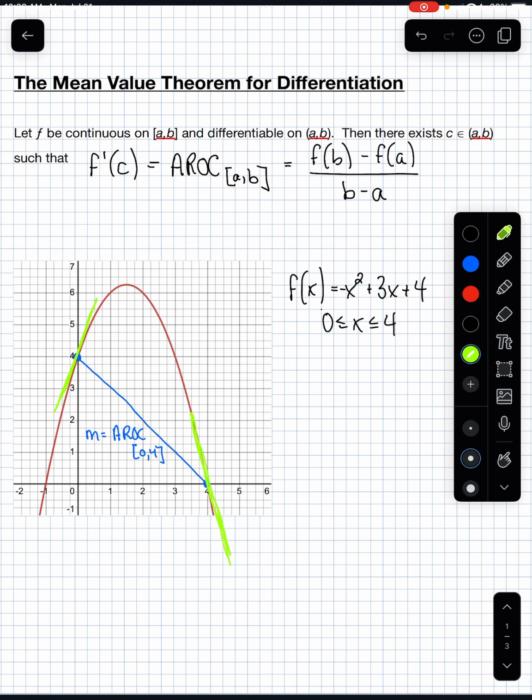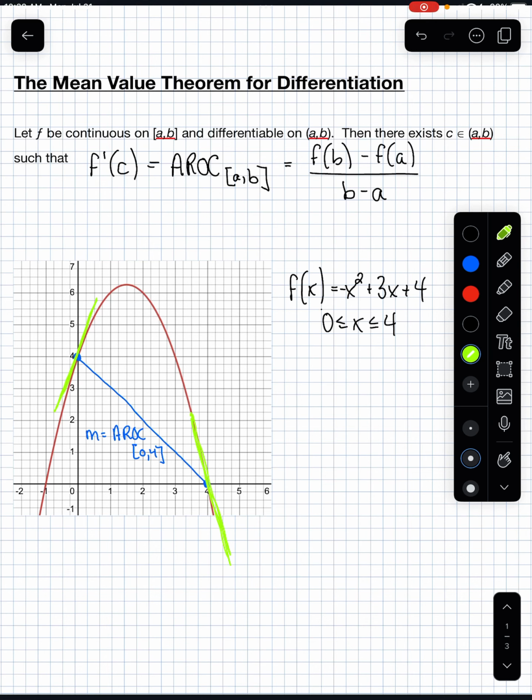Now, the idea of the function being continuous and differentiable means that the value of the derivative has to smoothly transition through all of the different values.